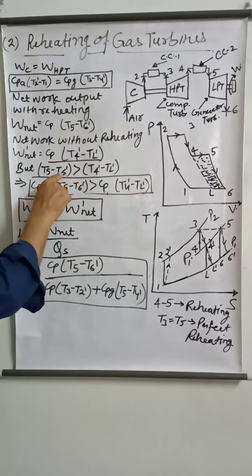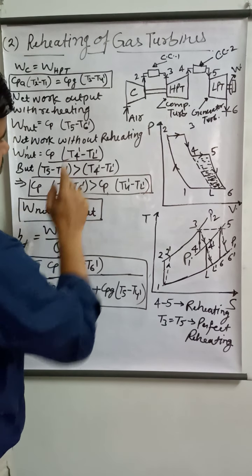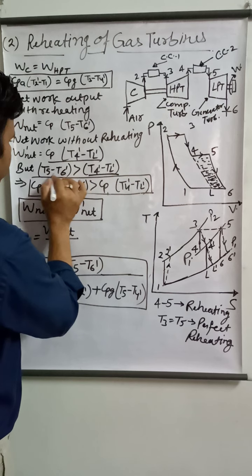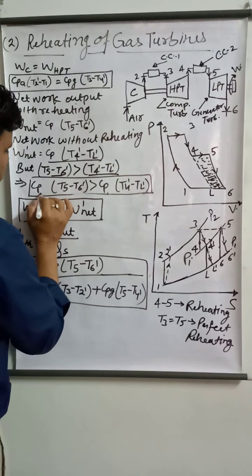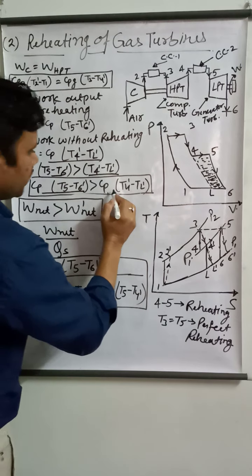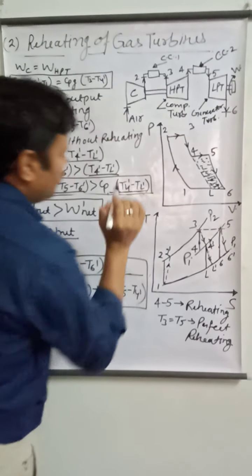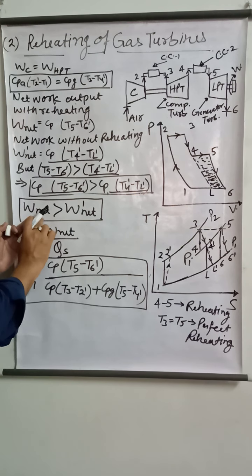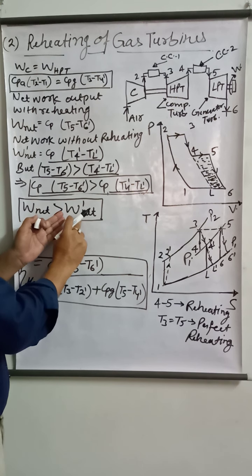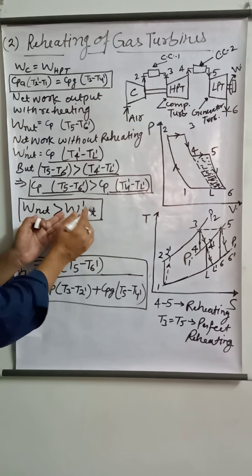That is why work done with reheating is greater than work done without reheating, right? So in this case, net work done with reheating is greater than net work done without reheating. It is shown by W dash, just a symbol.